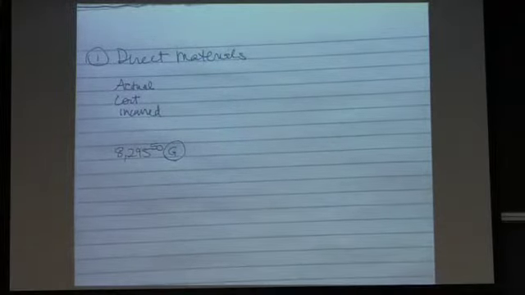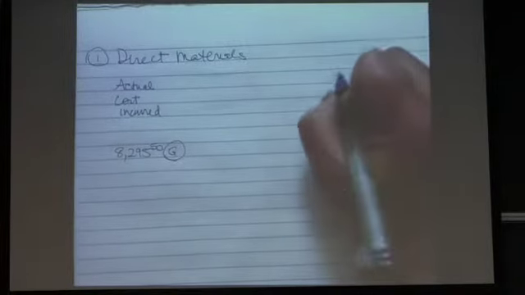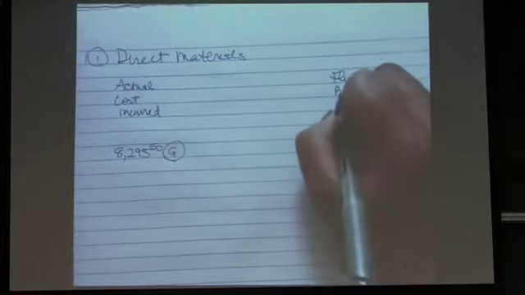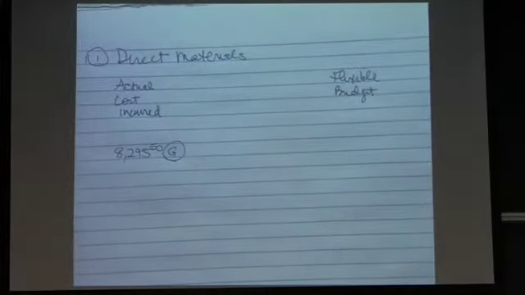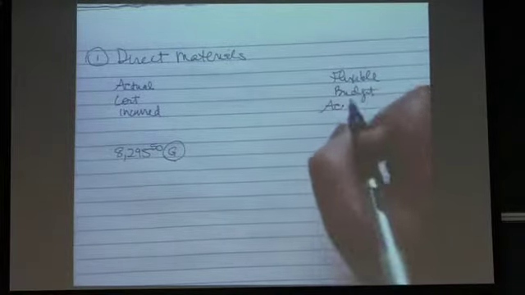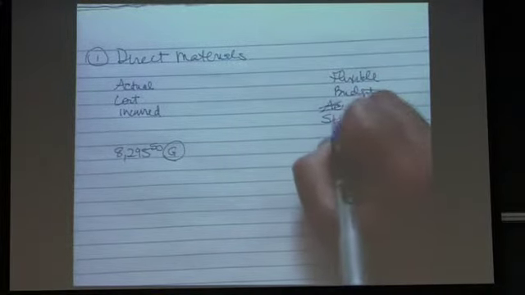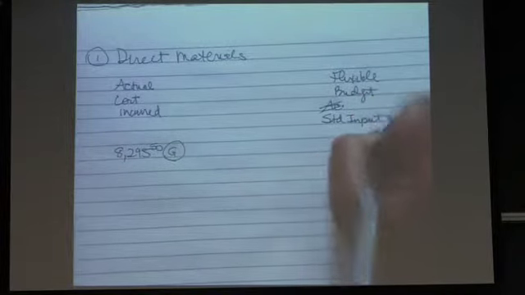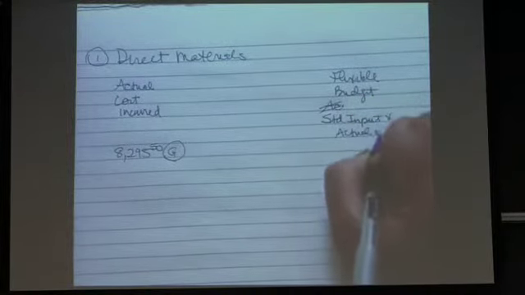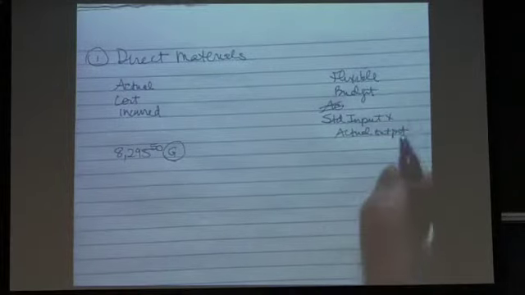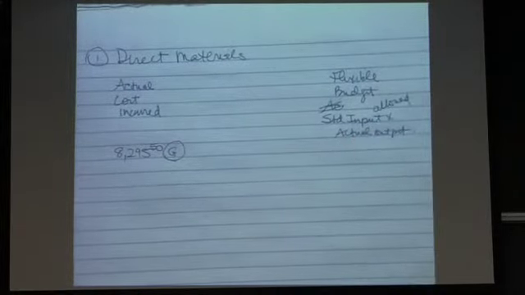Now, we need to create the flexible budget. Flexible budget means standard input times actual output. So standard input allowed for actual output. That's what a flexible budget is. So the number of units is important, the actual number of units produced. Now we said that we made 230 shawls.